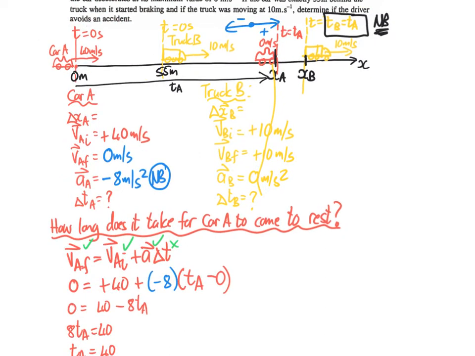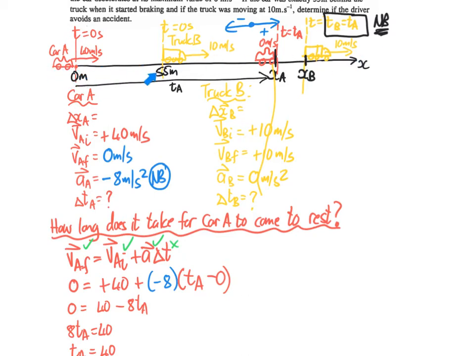So we can understand why it's so critically important to have a following distance. This is a following distance because it took car A 100 meters and 5 seconds before it came to rest. But now what happened to the truck? Note here, the truck doesn't start at 0 meters in our frame of reference.